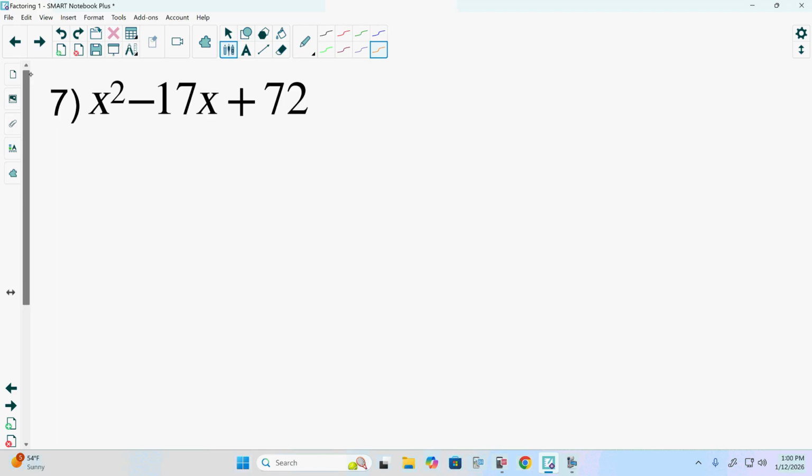x squared minus 17x plus 72. Is there a greatest common factor between these three terms? No. So we can move on to our two sets of parentheses with three spaces.